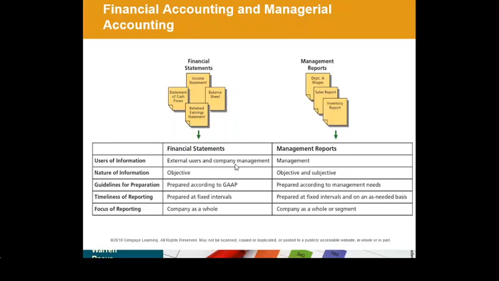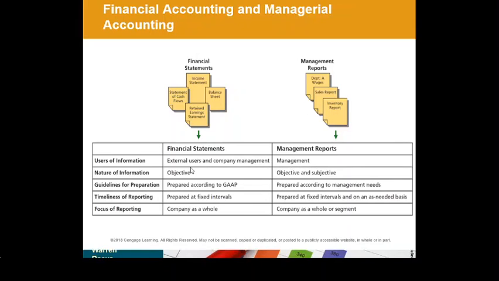Company management usually uses the financial statement for a performance review of the company. Management reports are used by the management to review a specific department or a specific project, such as a report for the sales department, a report for the production department, and so on.